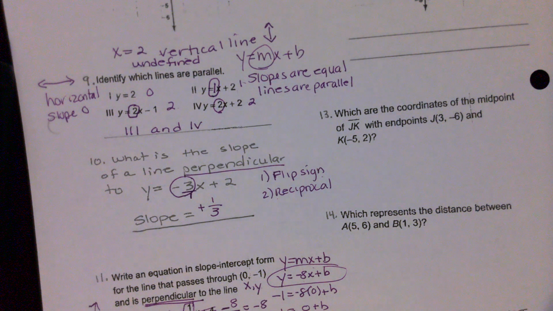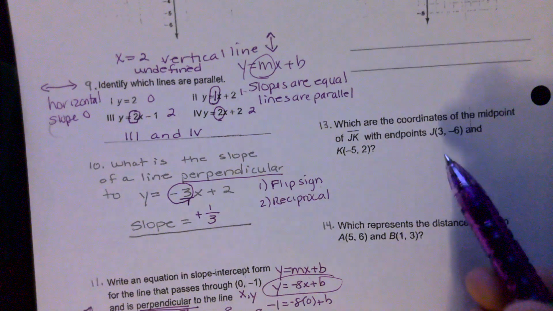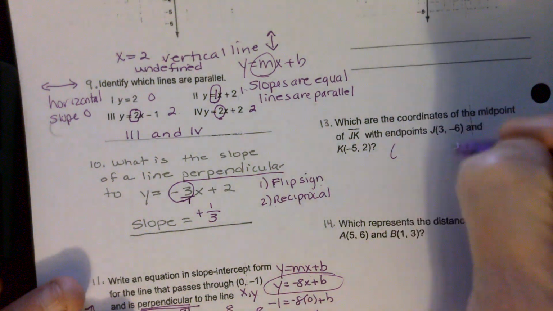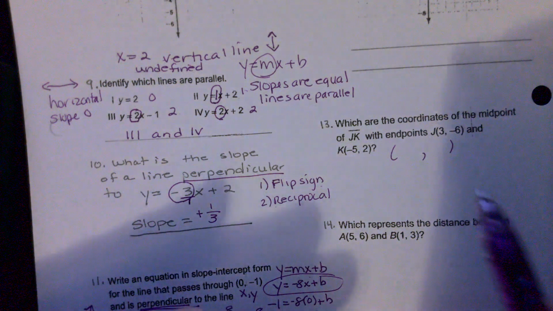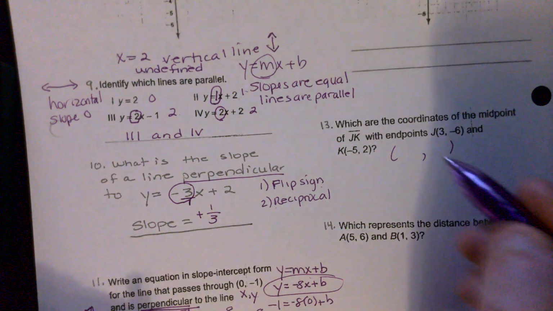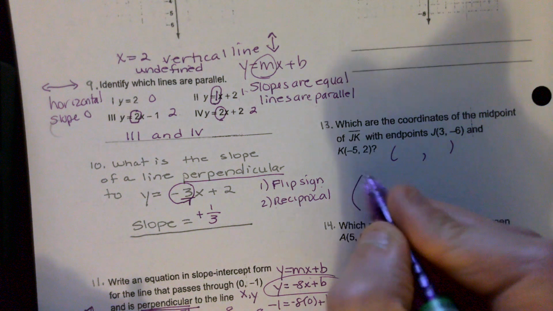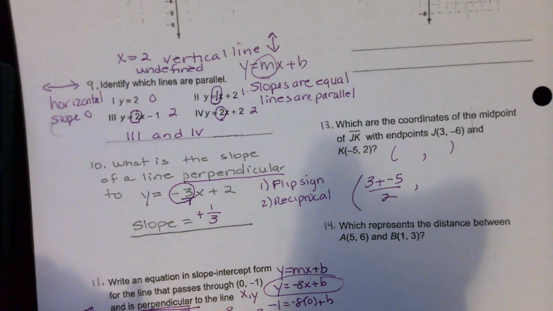13, midpoints. Think of two points, two coordinates, trying to find the middle coordinate. So your answer should be a coordinate. Those are the sides, and if you're trying to find the middle of them, you're going to average them out. You take your x's, 3 and negative 5, add them together and divide by 2.